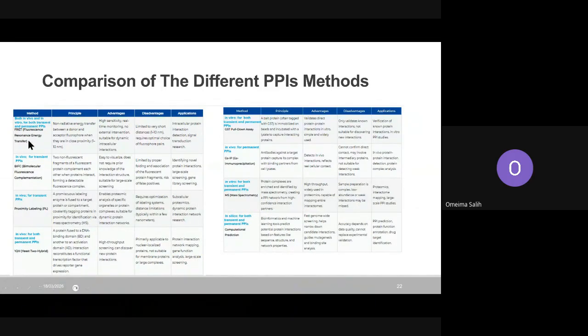So, for example, for the first one, the fluorescence resonance energy transfer method, the principle behind this method is non-radioactive energy transfer between a donor and acceptor fluorophore when they are in close proximity.